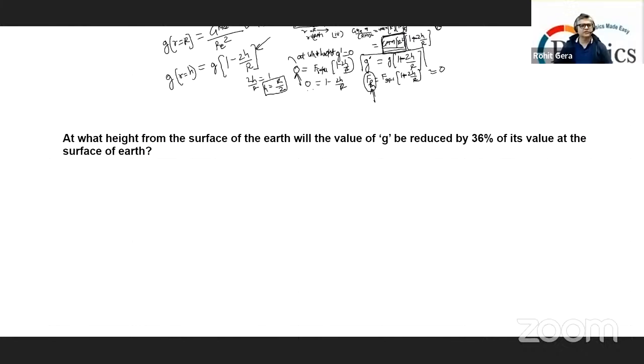ये हाइट वाला केस लगाना है, so you can use the approximation. It should be reduced by 36%.